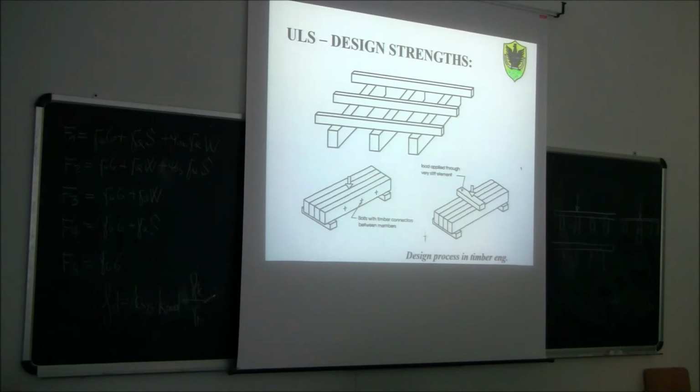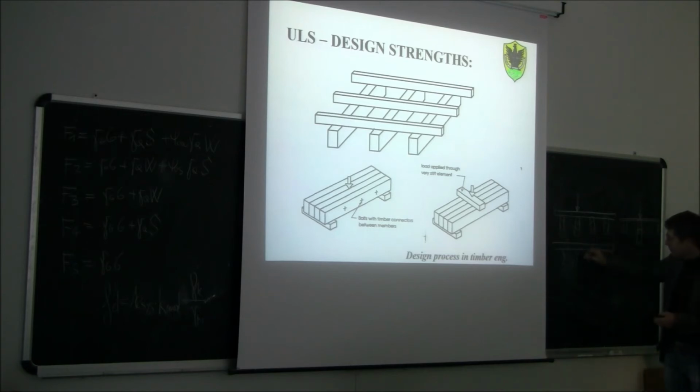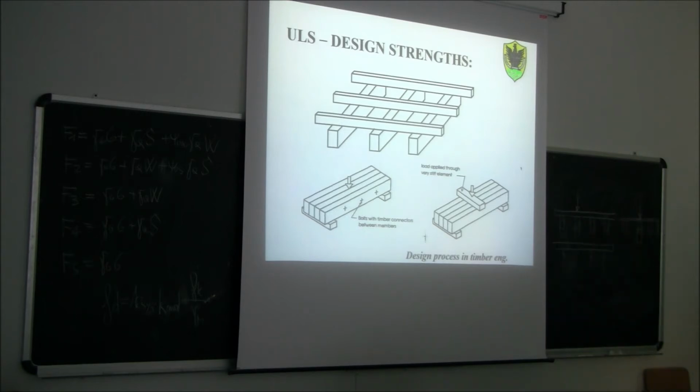And since, if you remember, there is usually a correlation between the modulus of elasticity and the strength, if this is a weak beam, usually the modulus of elasticity is also lower. Meaning that this spring is softer. So most of the force is actually going to the other beam, the strongest one, because it's also stiffer, so it attracts more load.